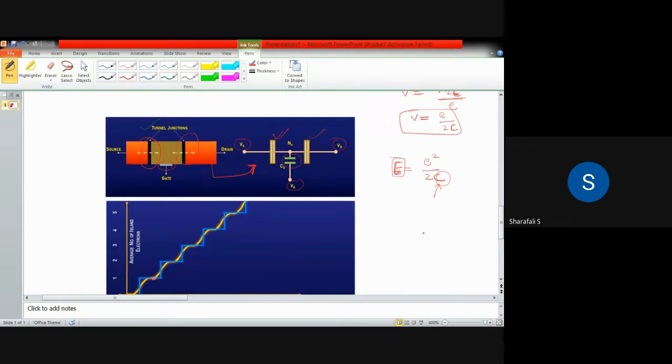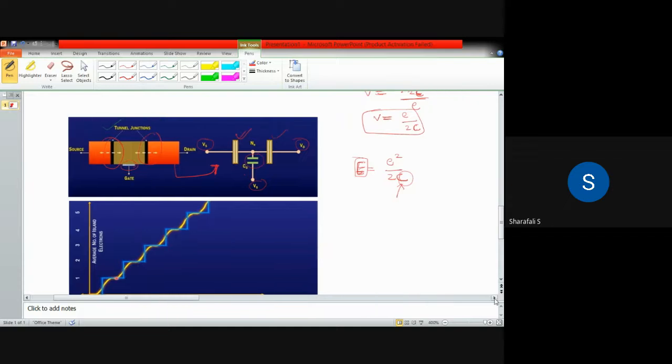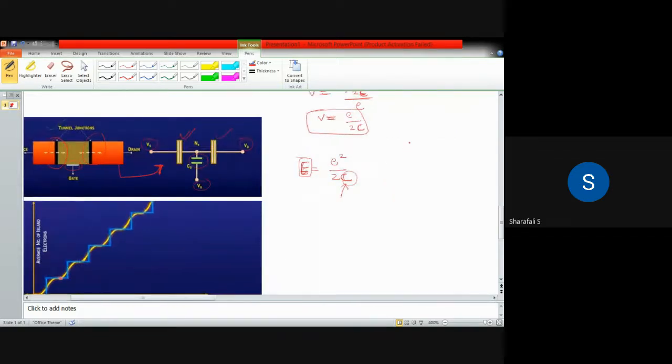Initially, when there is no voltage applied on the gate, the electrons present in the source will have some energy level like this, the quantum dot will have an empty energy level somewhere here, and the drain side will have an energy level somewhere here.